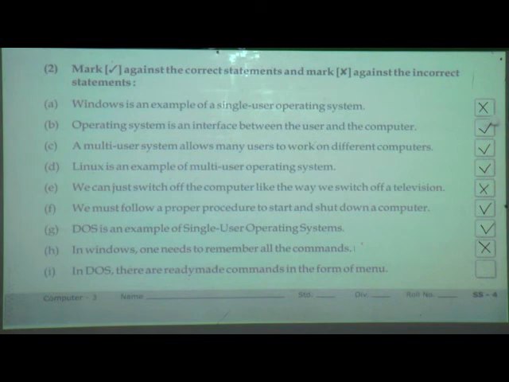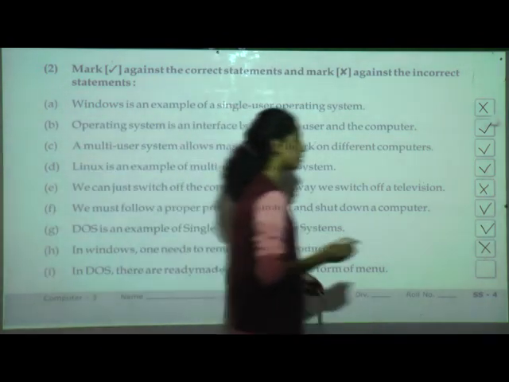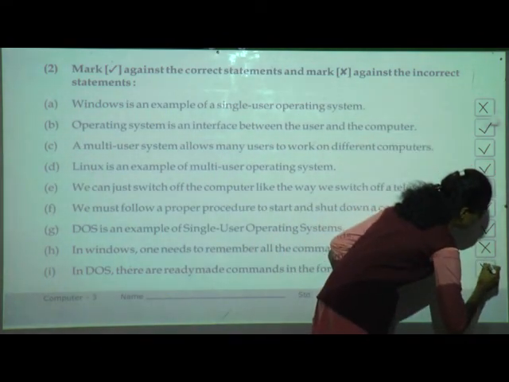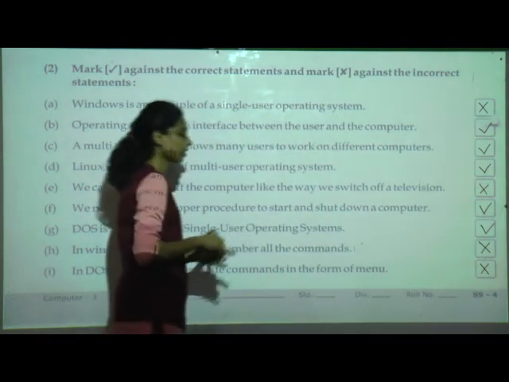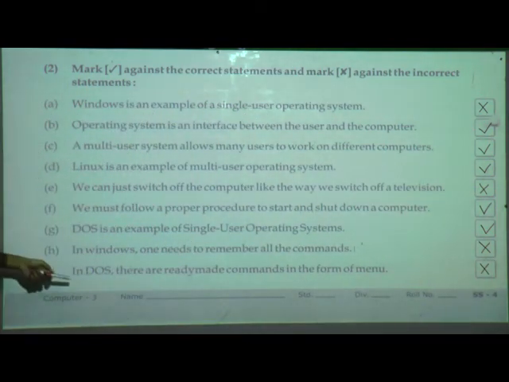Then in DOS there are ready-made commands in the form of menu. True or false? False. In Windows there are ready-made commands, not in DOS. Then this sentence is false. Okay.